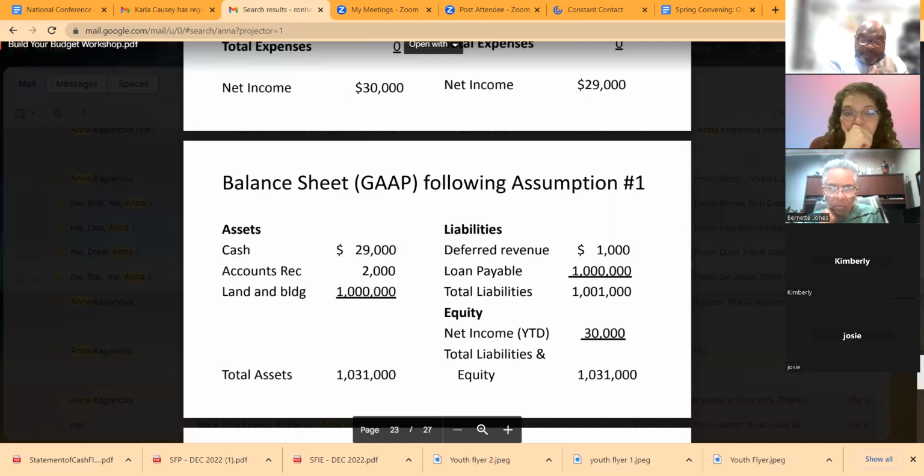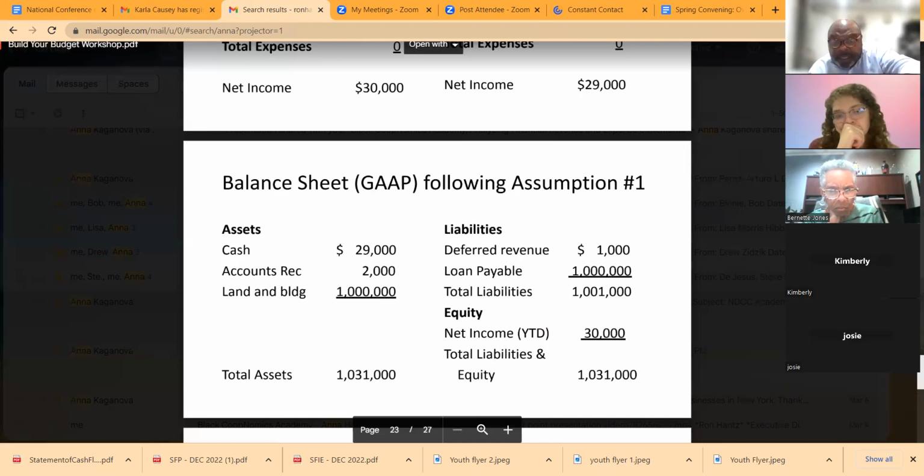Again, this is the GAAP side. On the liability side, deferred revenue is $1,000 because that person paid ahead, so that's income for a later time. The loan payable is $1 million, so the total liabilities is $1,001,000.